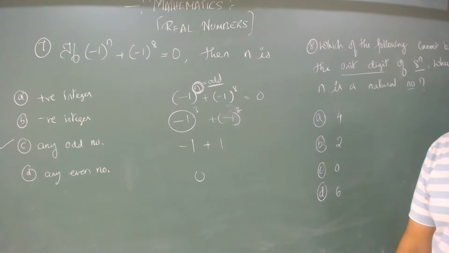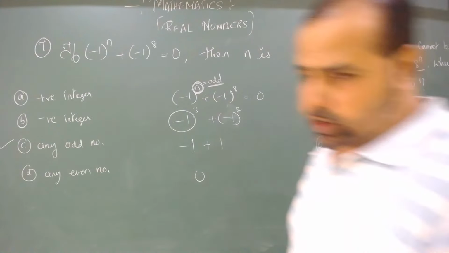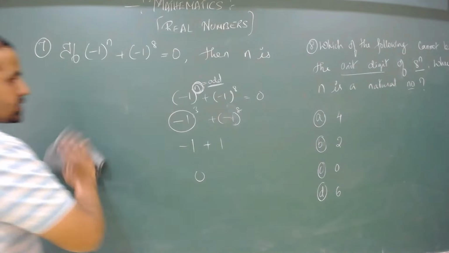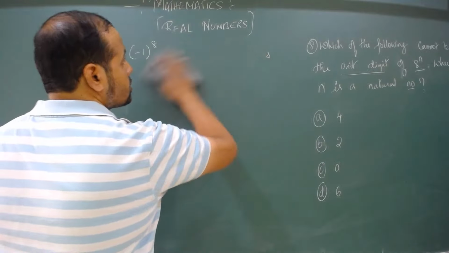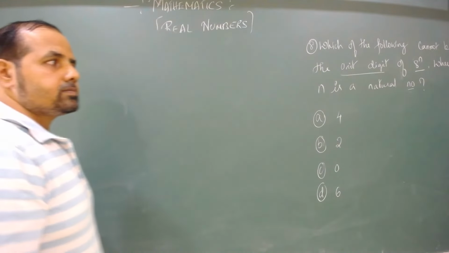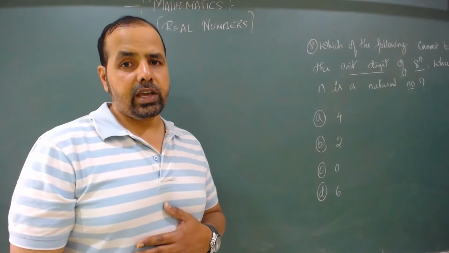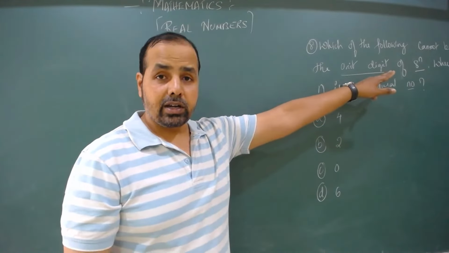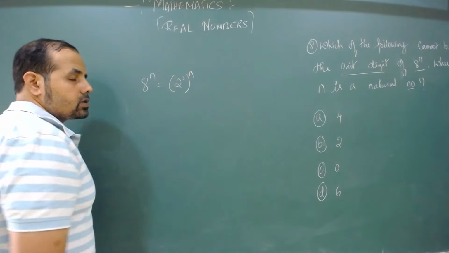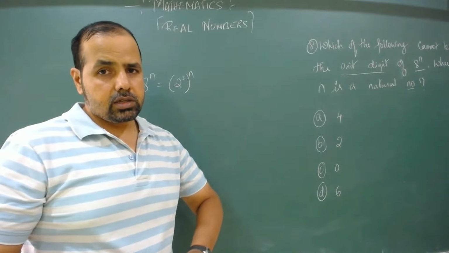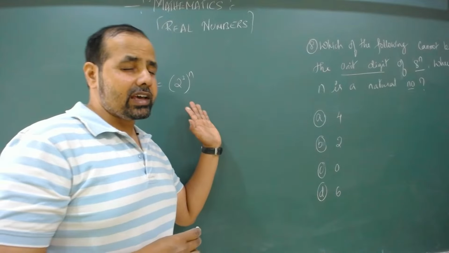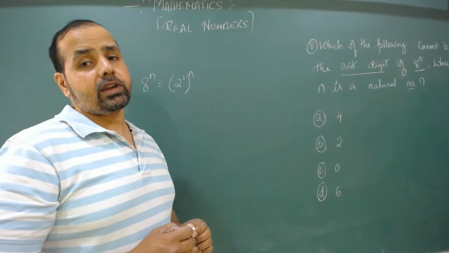So you have learned that any number to the power n, to end with the digit 0, should have both 2 and 5 as prime factors. 8 to the power n, you have learned in your exercise problem, will never end with the digit 0.